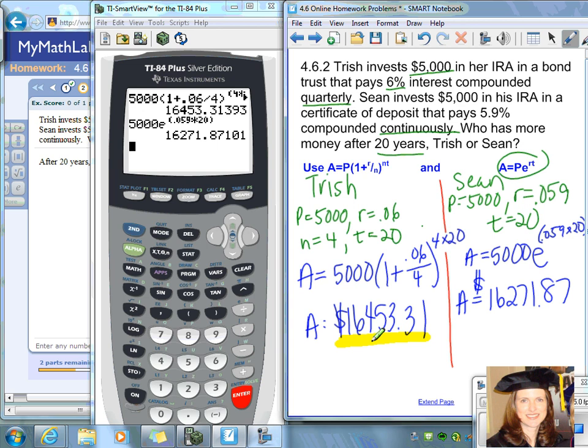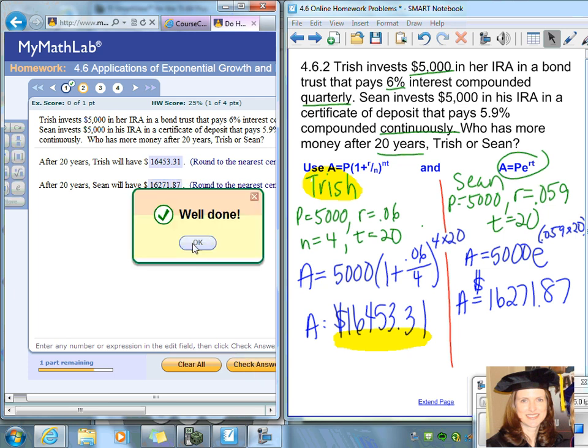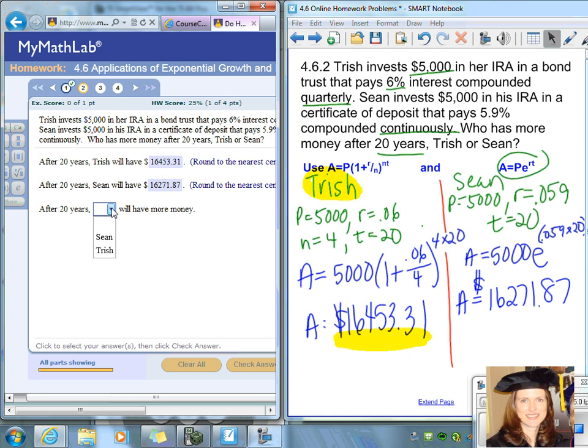By just a couple hundred dollars, Trish will have more money after 20 years. Okay, if we round this to the nearest cent, $16,453.31 for Trish, $16,271.87 for Sean, and then after 20 years, Trish is going to be the one with more money.